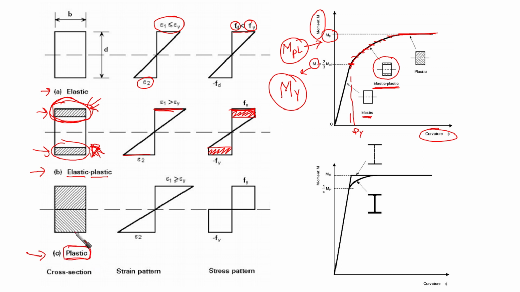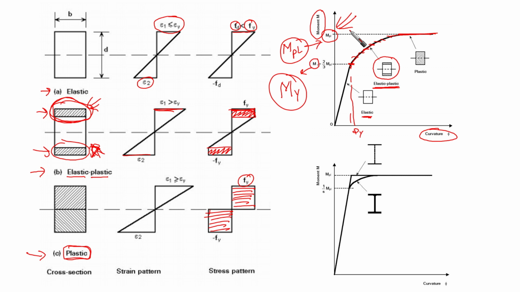The entire cross-section reaches yield and exceeds it. As you can see here, all the section is reaching yield, so it is at the yield level. This is what we call M plastic.